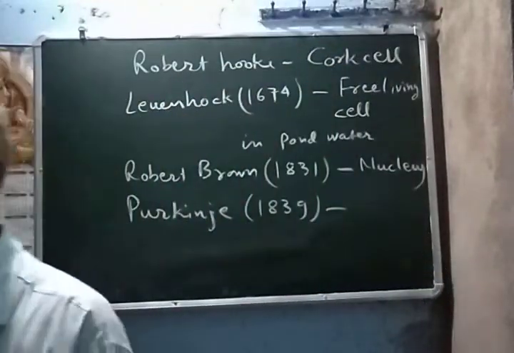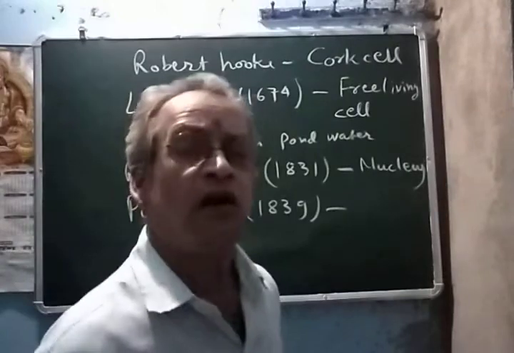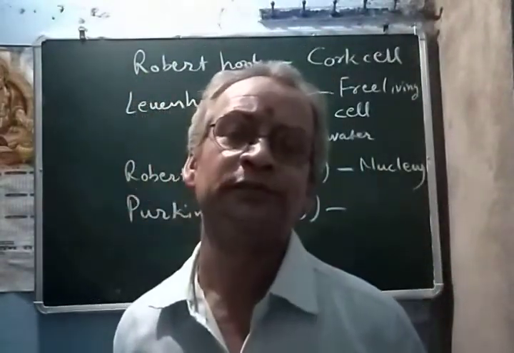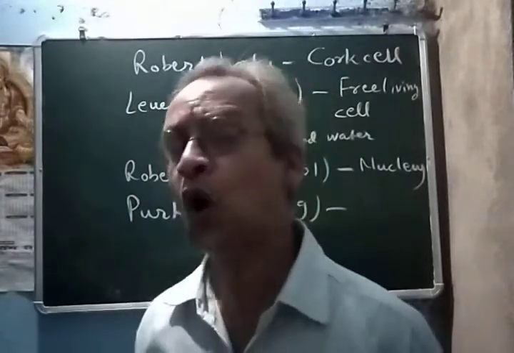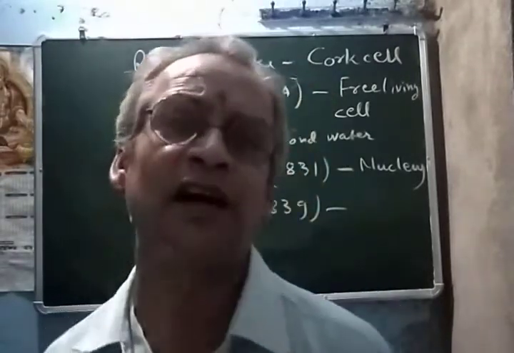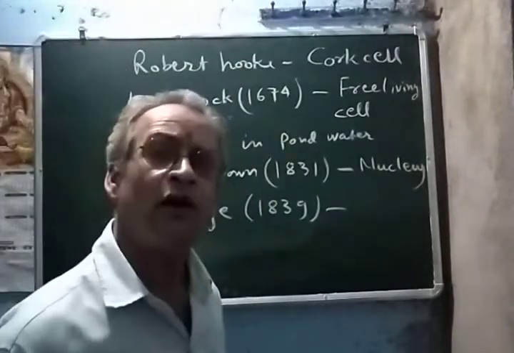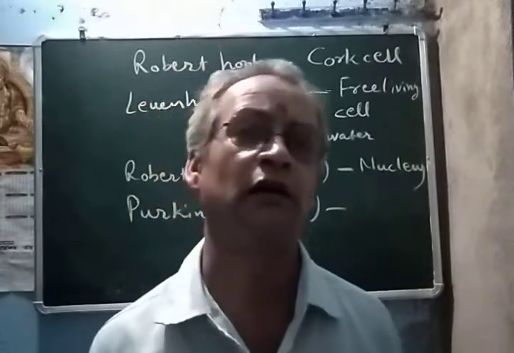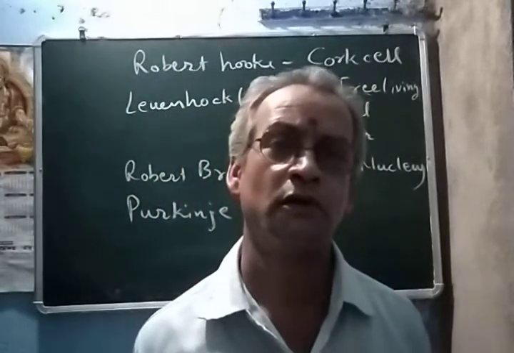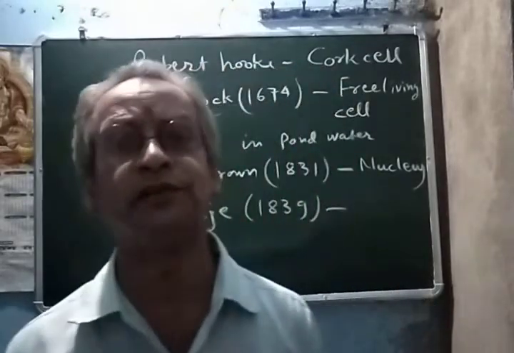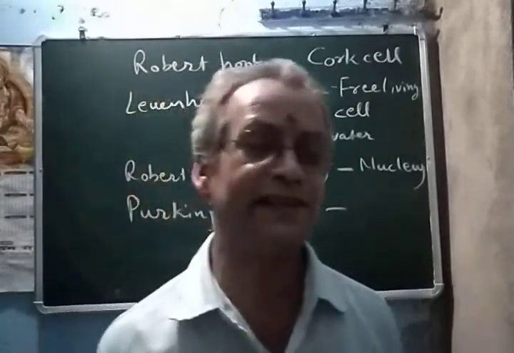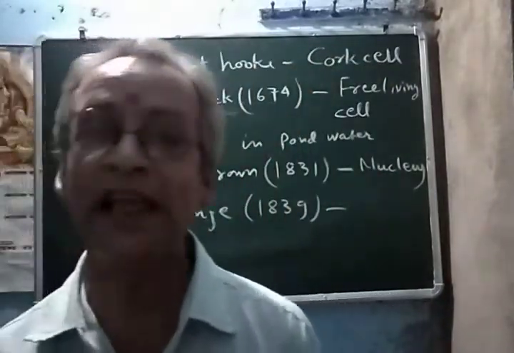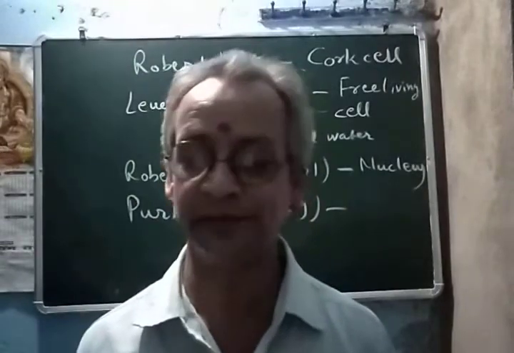Purkinje at first told that all cells were filled with dense jelly-like substance called protoplasm made up of protein.